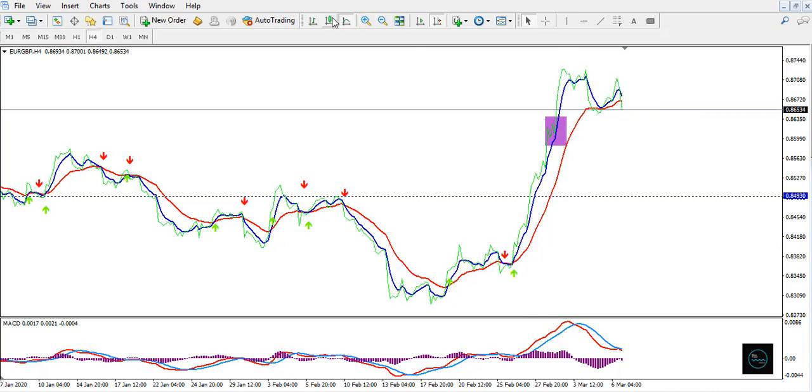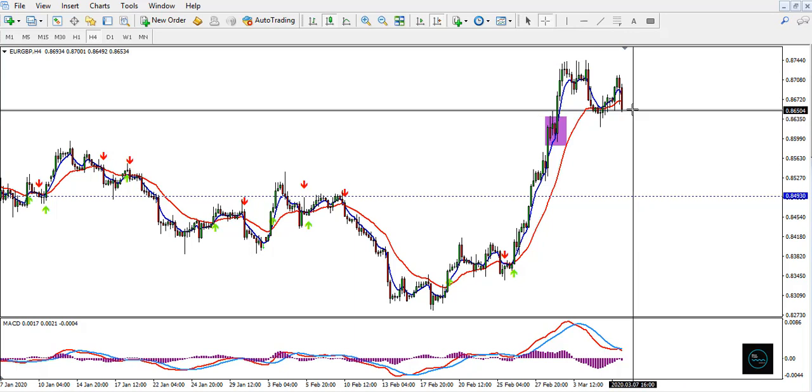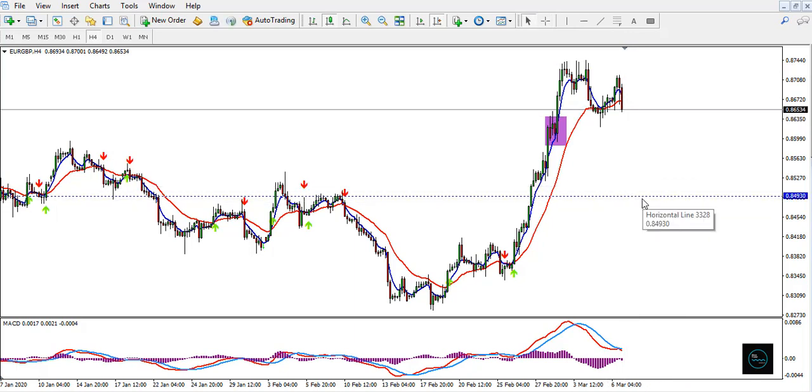Okay, so now I suspect that the market is going to try to find its level down to somewhere to this dotted line, which happens to be the 62% retracement level of this leg up. Okay, and this is in line with what's happening because this is the euro GBP currency pair.